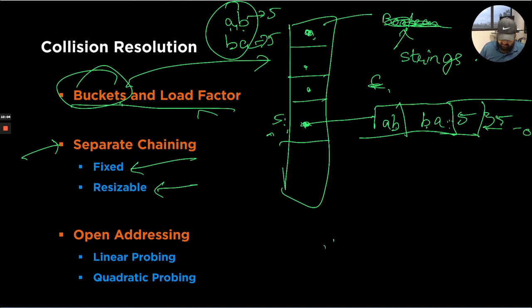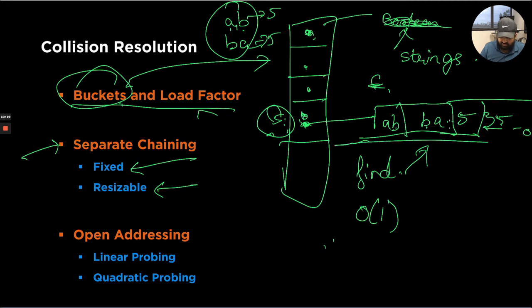Now the issue is, whenever we want to find an element, what is the time complexity? Earlier it was just O(1) because we were just searching at index 5, but now we have to traverse the entire chain inside the bucket.